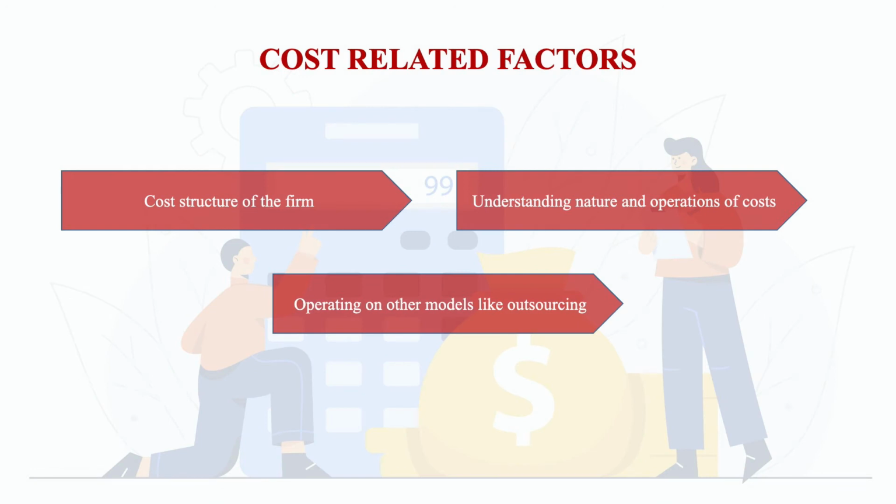So, companies sometimes find that operating on models like outsourcing may give them a more efficient cost model and may actually affect the cost on which you can afford to sell. I mean, the cost at which you can profitably operate in the market.